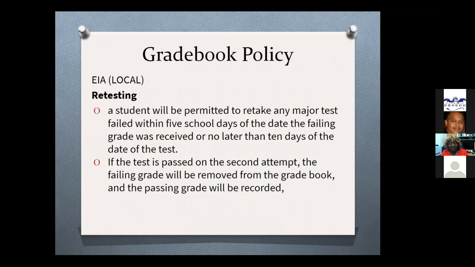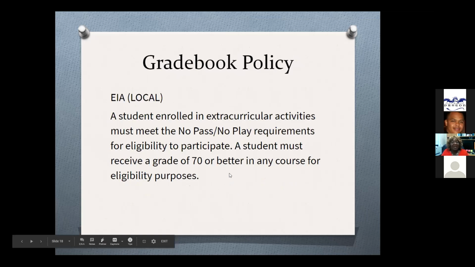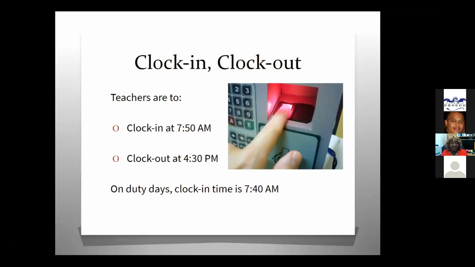Now, you know, ACPs, they can't retake that, but we want to make sure that if students have failed a test, we want to do some reteaching, and then we want to reassess them. And then you can average the grades, or you can give them the grade that they got on the second attempt, okay? And then students enrolled in extracurricular activities, we already talked about that, so I'm not going to go through that again, but let's just be fair to students.